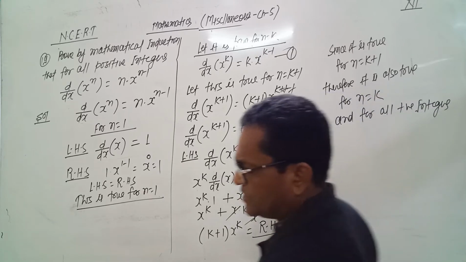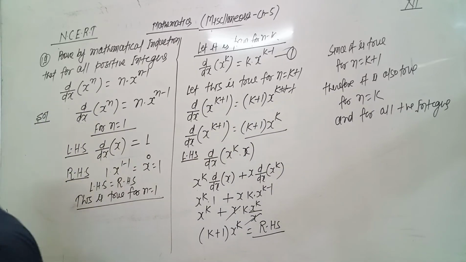We have proved that this statement is true for n equals k plus 1, and if it is true for n equals k plus 1, then we can say that it must be true for n equals k and also for all positive integers.